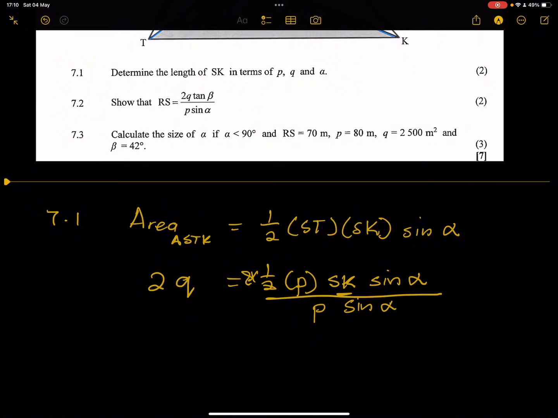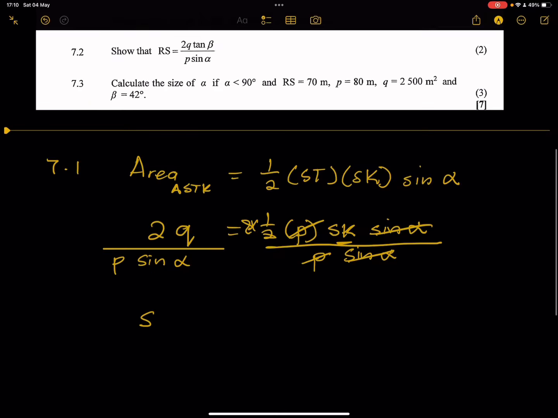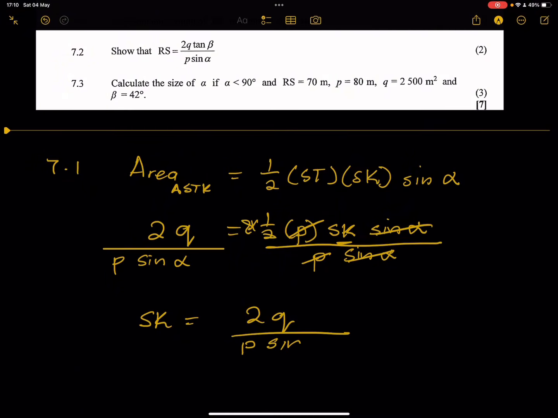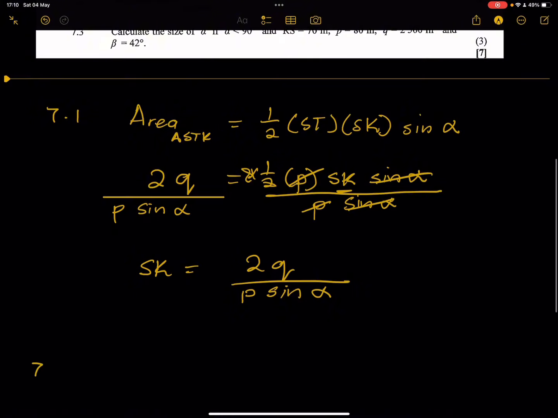That cancels that and that. So we've got SK is equal to 2q divided by p sine of alpha. So that is the expression for SK. Let's go to the next question.